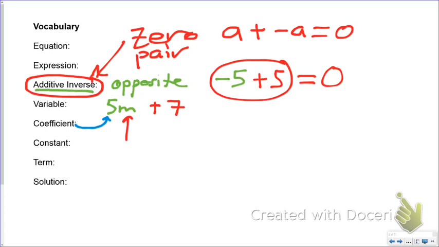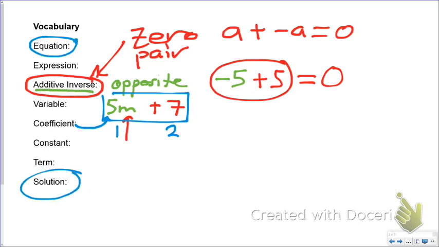So plus 7, minus 7, any number without a variable is a constant. And in this expression here, there are two terms. This is a term and this is a term. There's two terms here. And then a solution, now that we start dealing with equations with equal signs, a solution would be to find the actual answer for m, so solve for m.